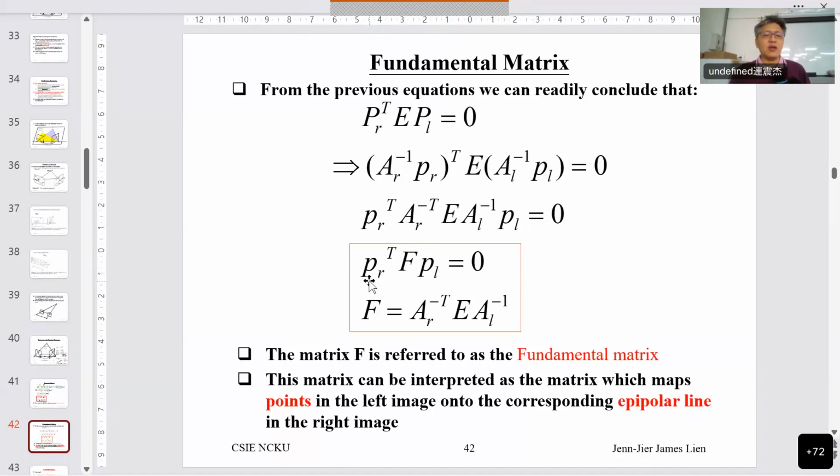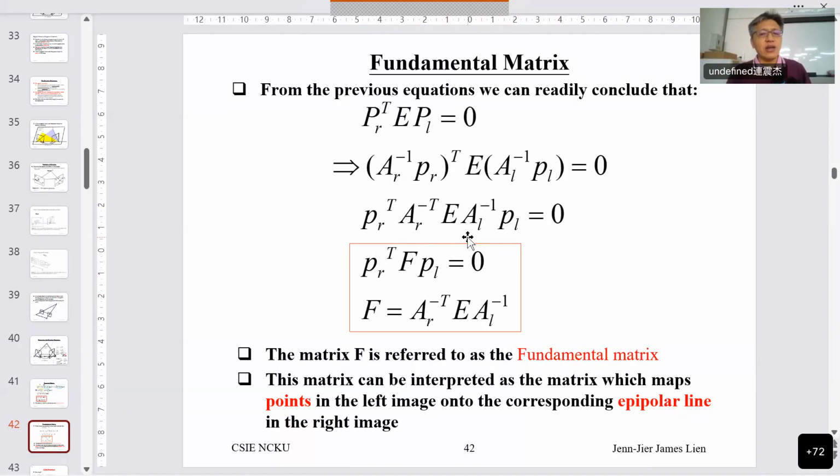It's meaning in the right-hand side 2D, any image point, after they project to 3D, after rotation, translation, and then we project to the left-hand side camera, this will match the corresponding point. And this equation will become 0.